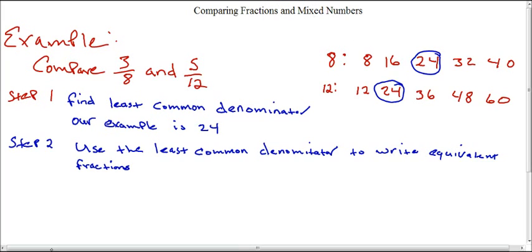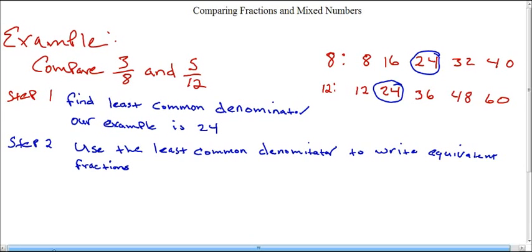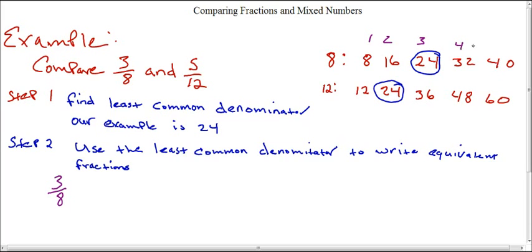We have 3/8, and to get 24 we need to see where we went. 8 times 1, times 2, times 3 is 24, so this is 8 times 3.